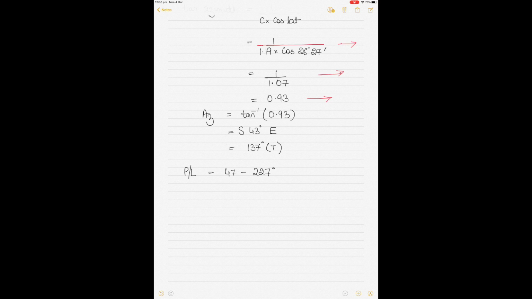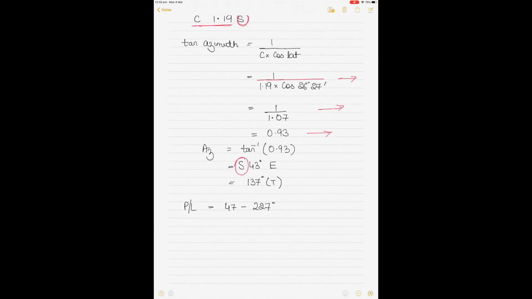Now we have written south and east here. How did I get south and east? So this south comes from, you are right, this C here. Whatever is C, named after C. If C was north, you would name it north. Again, my apologies, it's not S, it's C, name after C. And where does this E come from? E comes from LHA.